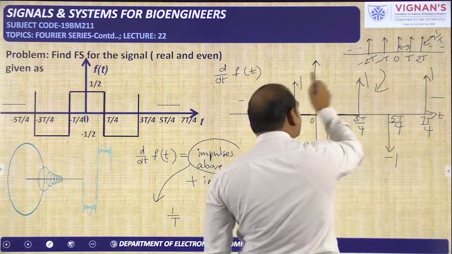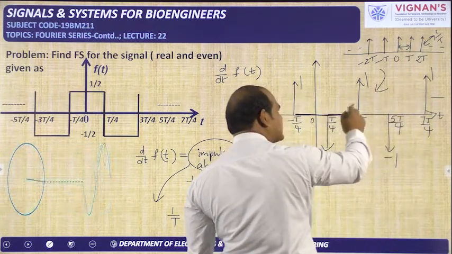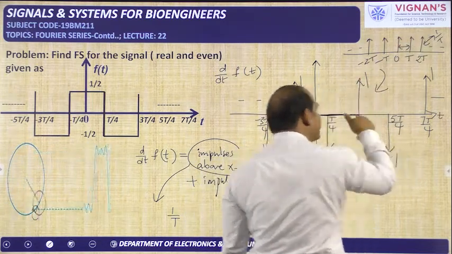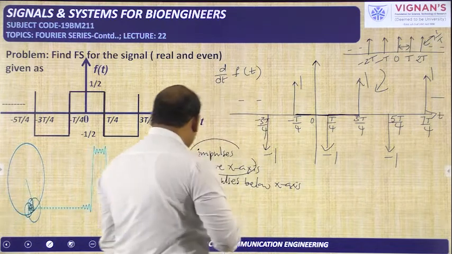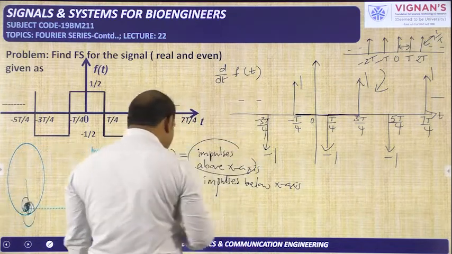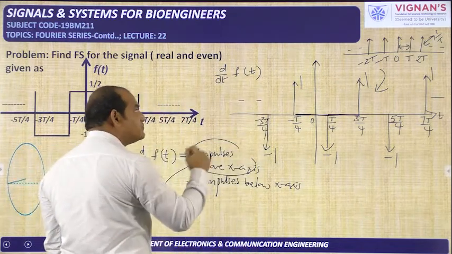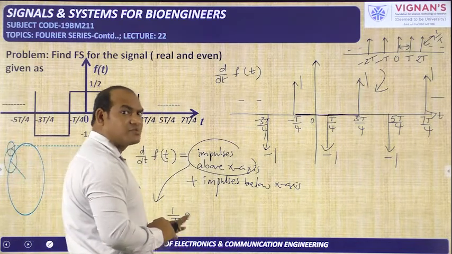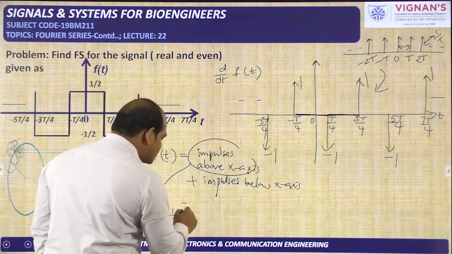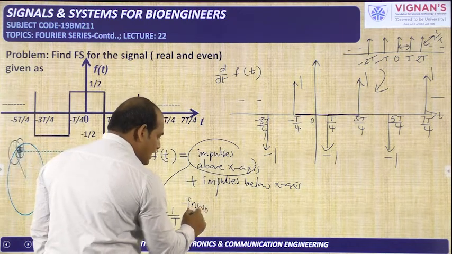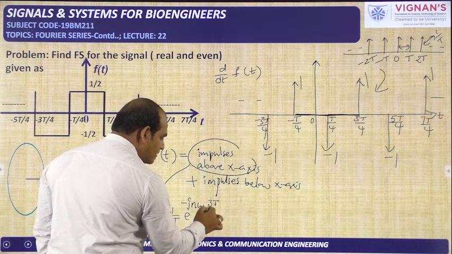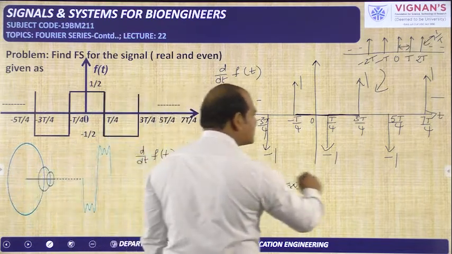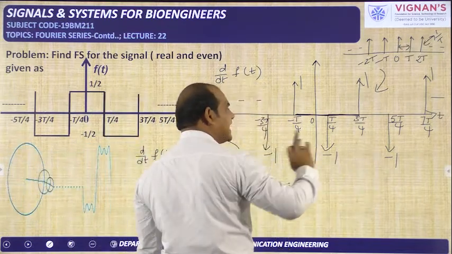But here, the impulses above the x-axis are the same as this one but shifted to the right side by 3T/4. So same as the impulse train means 1/T, and shifted to the right side by 3T/4 means you need to write the exponential term, that is e^(-jnω0 · 3T/4). How much shift is there? 3T/4.